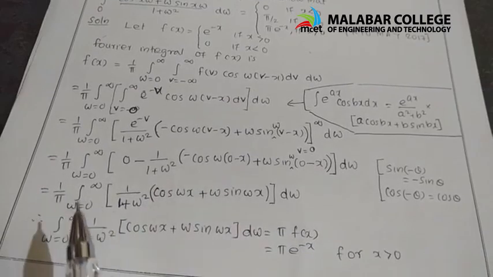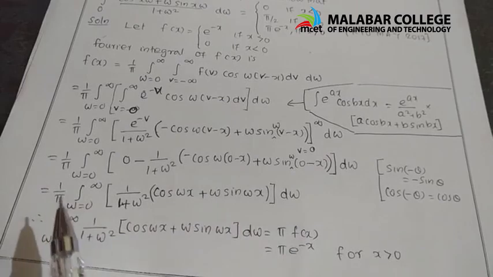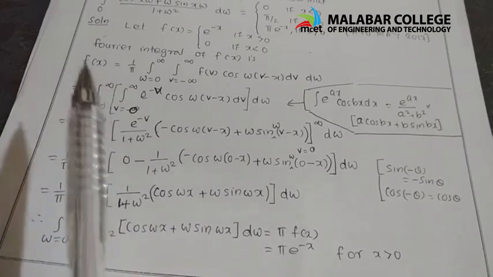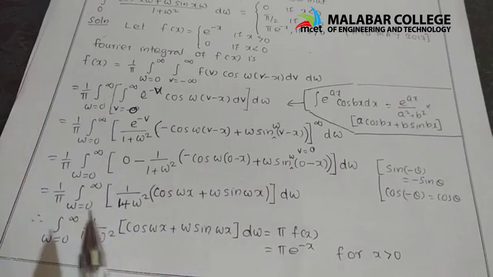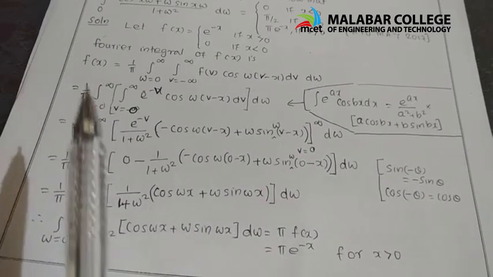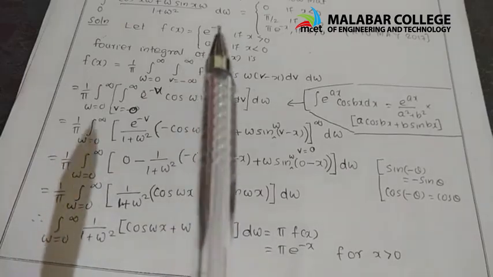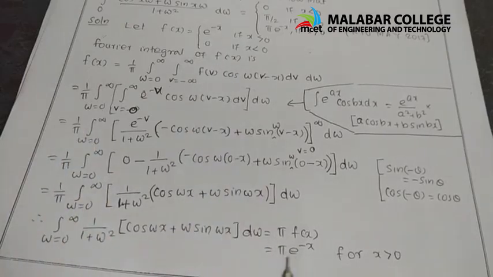So implies, if I am taking this integral value, this 1 by pi I have to move to the left side with f of x, so it will come pi into f of x. So this integral value is equal to pi into f of x, and f of x we have taken e raised to minus x, so it will come e raised to minus x for x greater than 0.